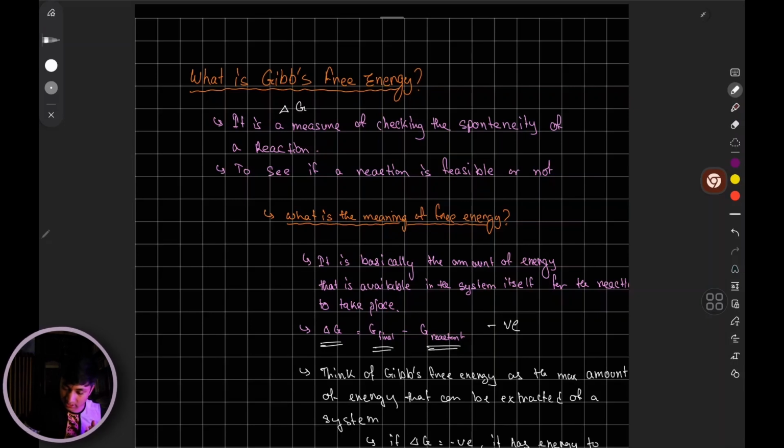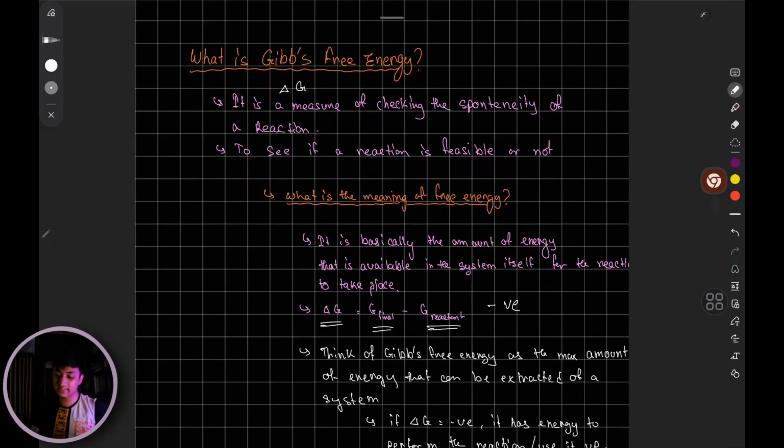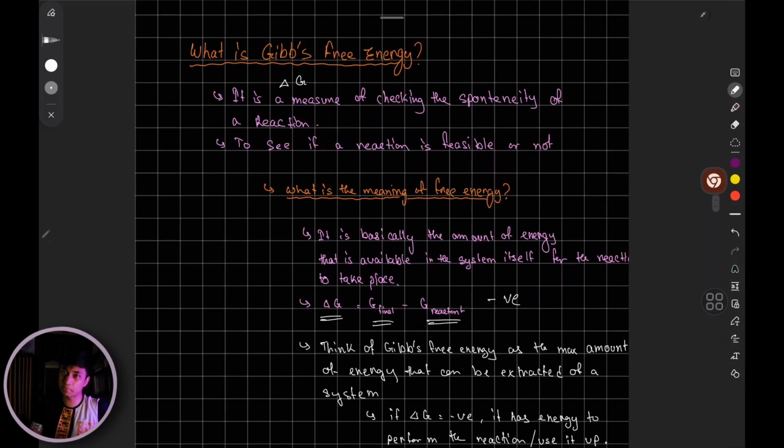The change in Gibbs free energy is a measure of checking the spontaneity of a reaction to see if a reaction is feasible or not. So when you find out the change in Gibbs free energy, that is going to tell you if that reaction is going to take place or not at a certain temperature. If your room temperature is, let's say, 298 Kelvin, at that temperature will the reaction take place?